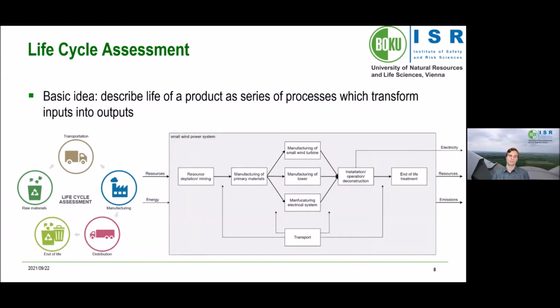Inputs are usually some kind of resources and energy, and outputs are again some kind of energy, some resources, and of course emissions. So emissions is what you can't use anymore and is actually lost into the environment.